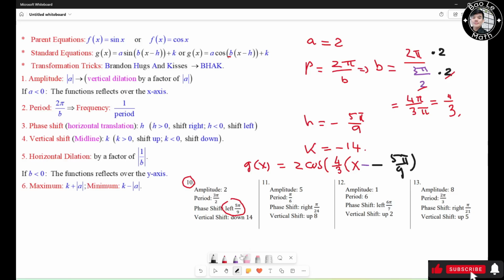So close parenthesis. Now I observe that there are 2 negative signs right here, so I just combine this one as positive, right? And then I'm going to add the midline. The midline should be -14, so subtract 14, right? And it's a good time to stop.